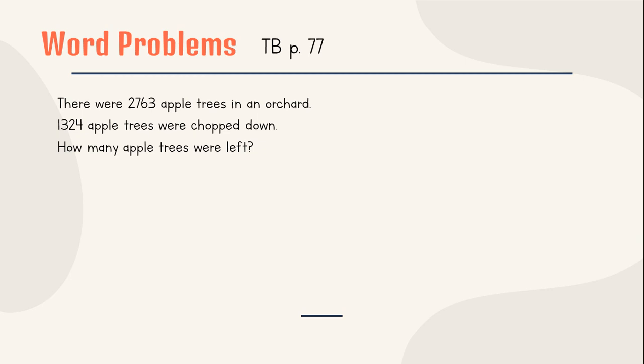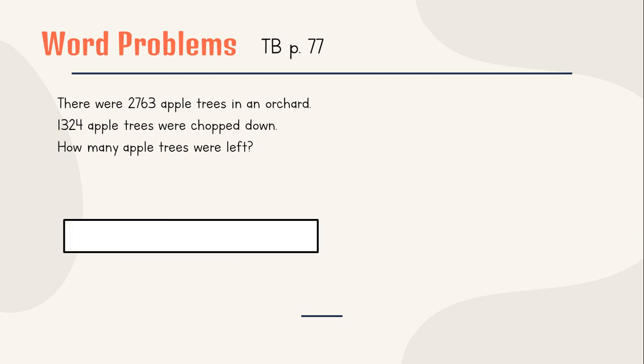There were 2,763 apple trees in our cart. 1,324 apple trees were chopped down. How many apple trees were left? Chop down artinya ditebang. So, what are we going to do? Build the model, draw the model.